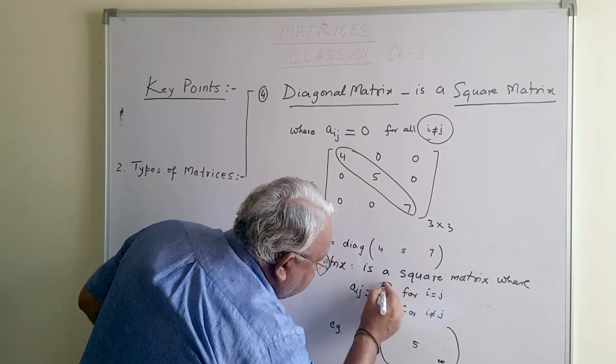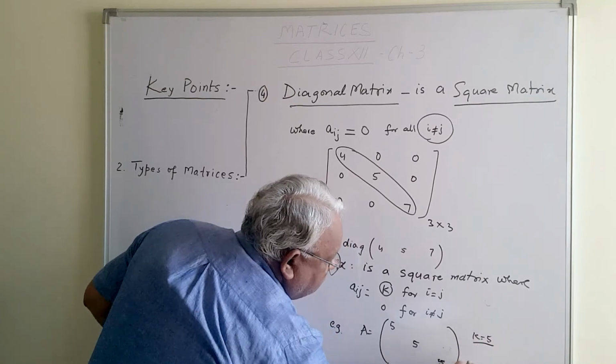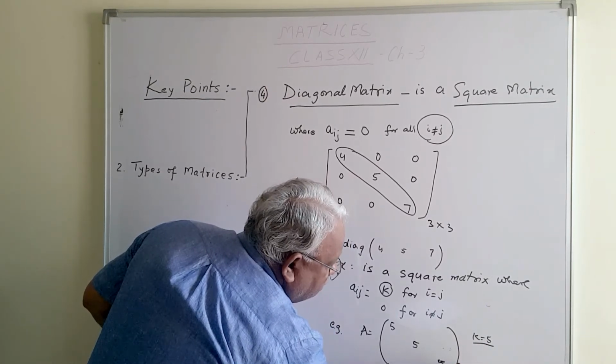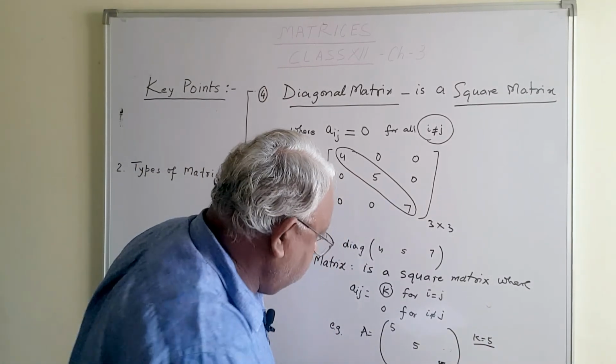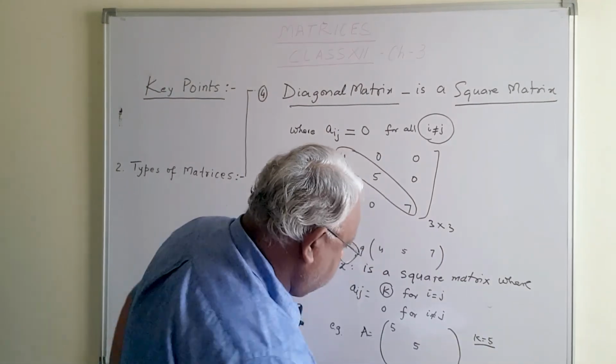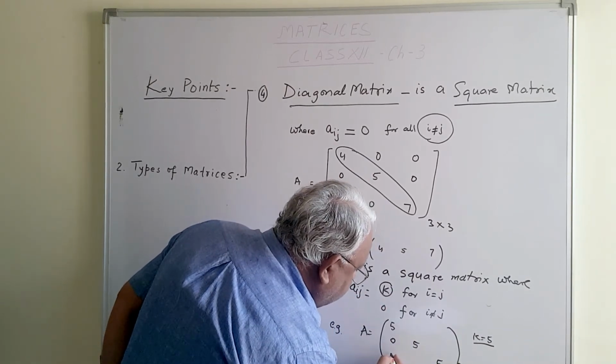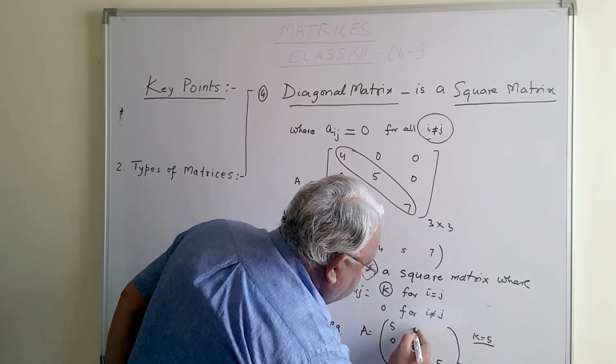This is the meaning. So K is 5. Right? So 3 cross 3. What do you have to do with the rest? You have to fill with 0. Right?